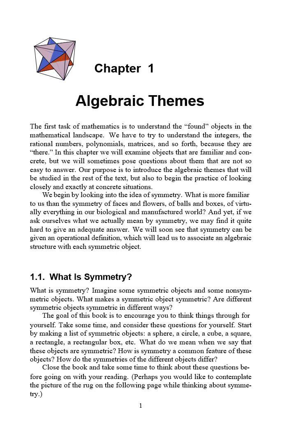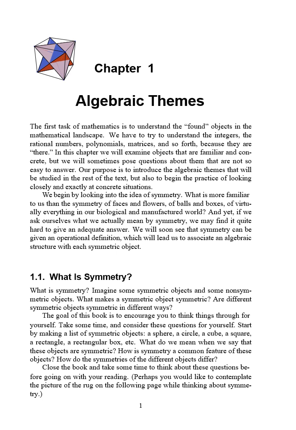What is more familiar to us than the symmetry of faces and flowers, of balls and boxes, of virtually everything in our biological and manufactured world? And yet, if we ask ourselves what we actually mean by symmetry, we may find it quite hard to give an adequate answer. We will soon see that symmetry can be given an operational definition, which will lead us to associate an algebraic structure with each symmetric object.